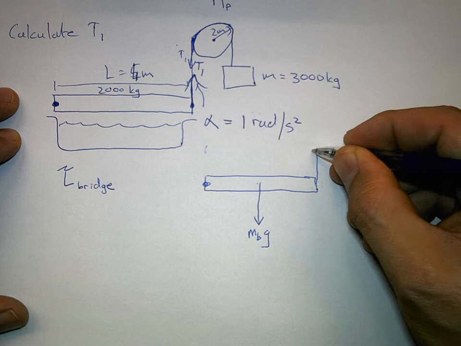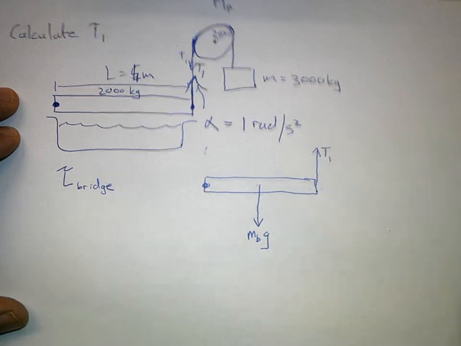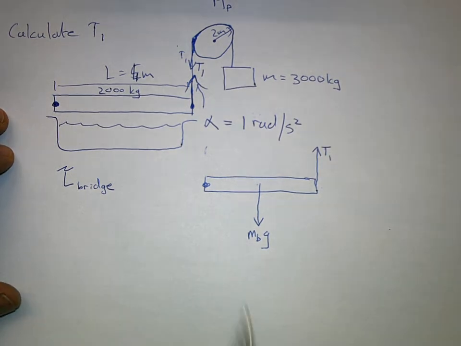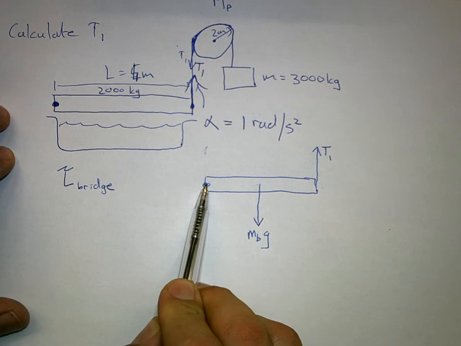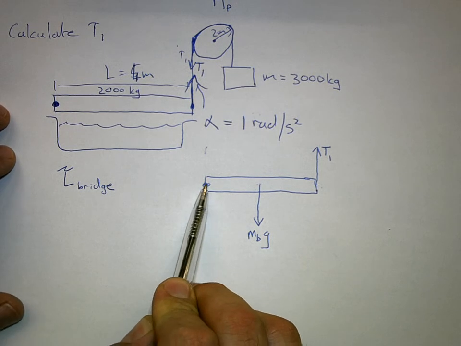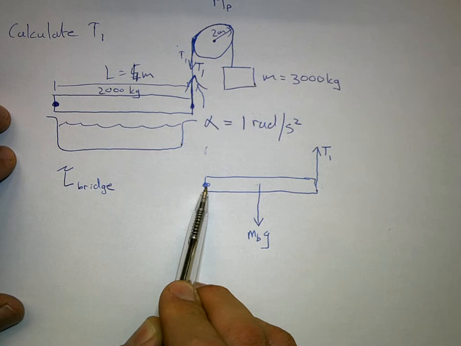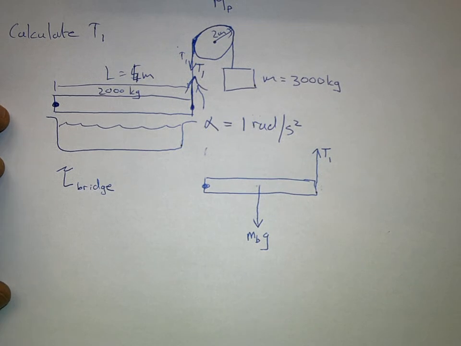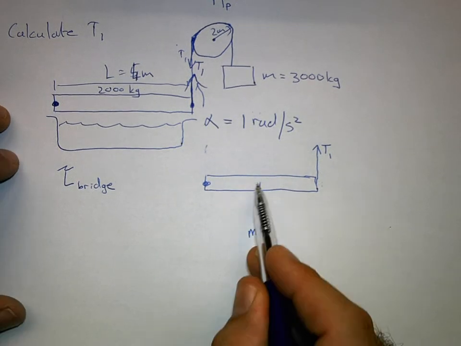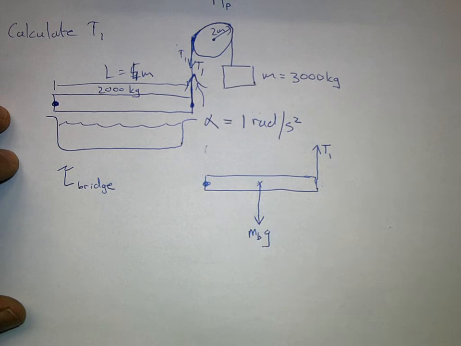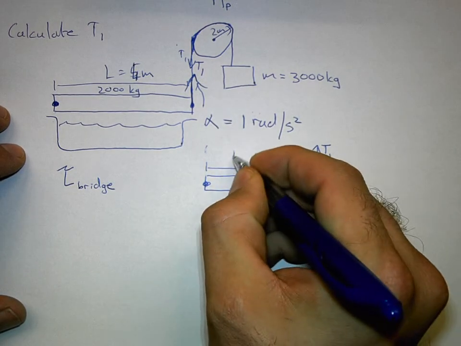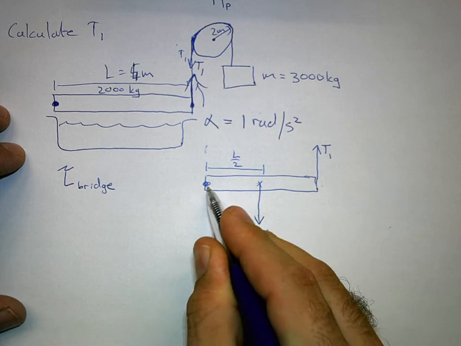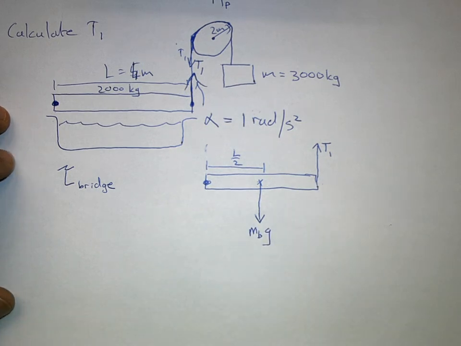And we've got the tension in the cable, T1, upwards. And yes, there's also a normal force from this pivot point, but because the force is applied at the pivot point, it cannot produce a torque because there's no separation between the point of application and the pivot point. So if this is the geometrical center of the bridge, then that distance will be half the length of the bridge. And we know that the full length of the bridge is 4 meters.